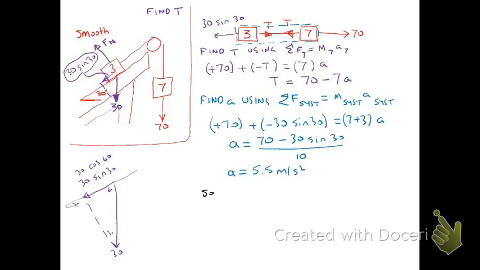So T is equal to 70 minus 7A, which equals 70 minus 7 times 5.5. T is equal to 70 minus parentheses 7 times 5.5 parentheses equals 31.5.